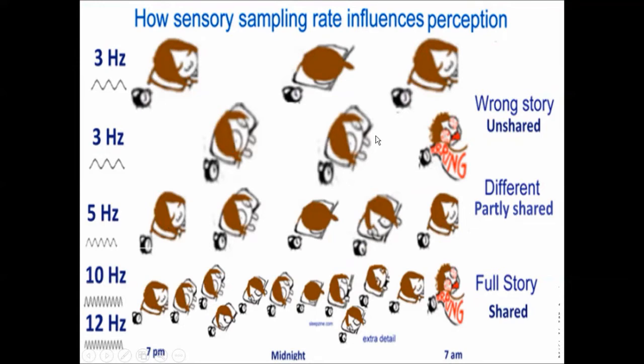This person undersampled, got the insomnia part, didn't get the details, and this one thought a completely different story. So you're perceiving what you think is the same sensory information. You are getting the same sensory input, but you're getting different perception because of your sampling rate. So you want to be at attuned sampling rates, so you both communicate with less friction, more smoothly.